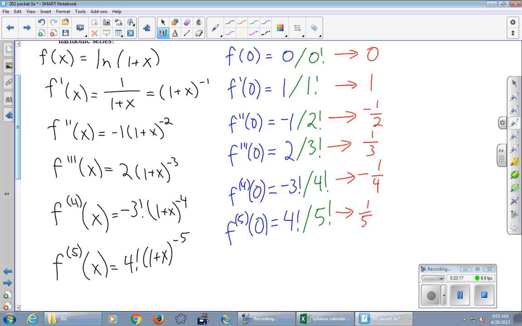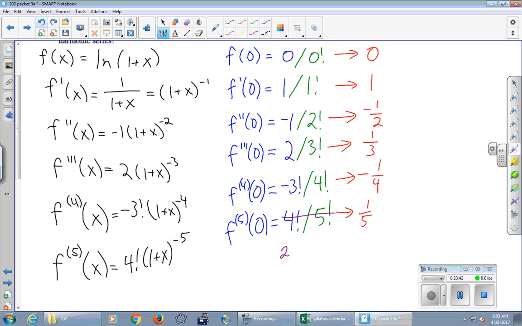And if we had written 24 over 5 factorial, because that's what 4 factorial is, I mean, it's true, it's a fifth, but it might not be so obvious. It's obvious because we wrote the factorials.